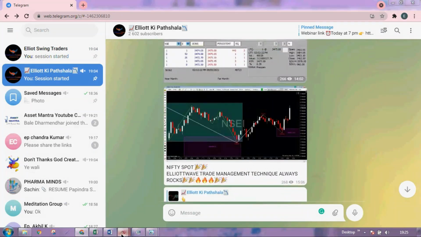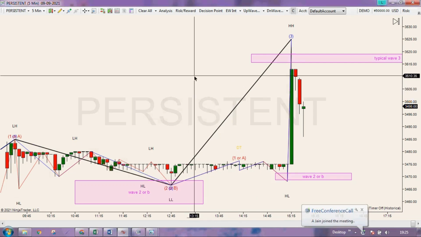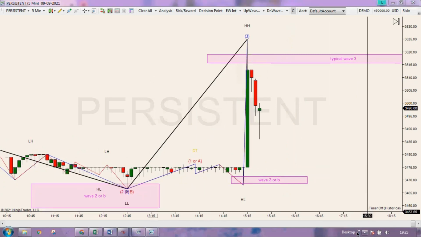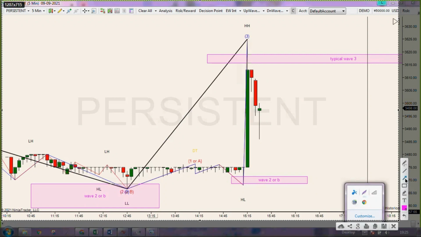Yes, in Nifty you saw the percentage, it is at wave 2, I will explain. This is a 5-minute chart. See how these lines come, you need not draw anything, it draws automatically. This black one is with reference to the higher time frame, a blue one with respect to the current time frame, and this red one with respect to the lower time frame.